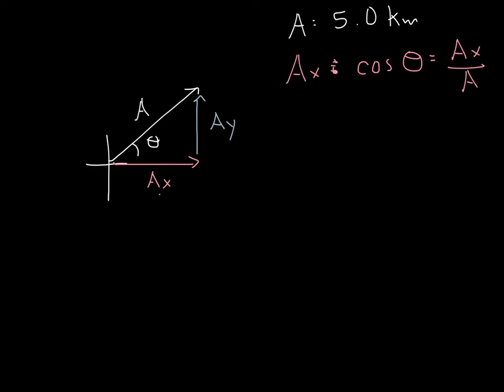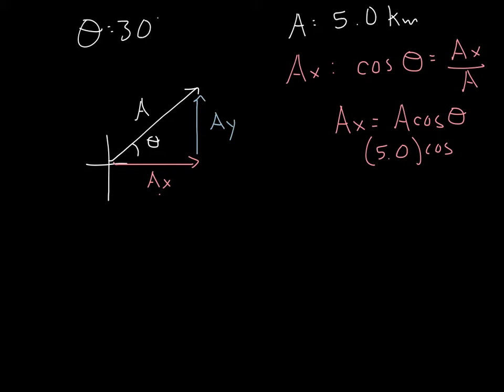That means if we are actually looking for AX, so AX will end up equaling A, vector A, multiplied by the cosine of theta. So in this case, it's 5 multiplied by the cosine of whatever we call theta, and just for kicks, let's call theta 30 degrees.